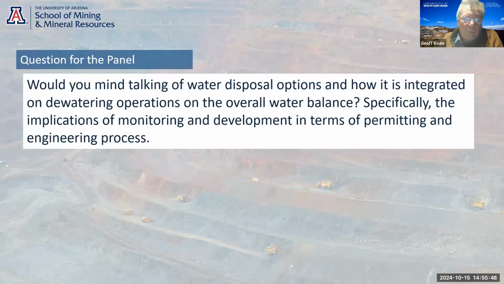It depends on the environment you're in, but if you're in an area where you've got lots of clean water, and you have to treat the discharge prior to discharging it either to groundwater or to surface water, it can become a very expensive operation, and the cost of discharging the water can be greater, in some places, than the cost of pumping it. So it's fundamental to integrate the dewatering system in the water balance.